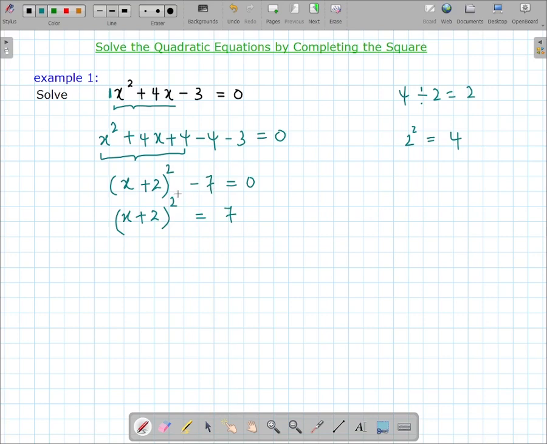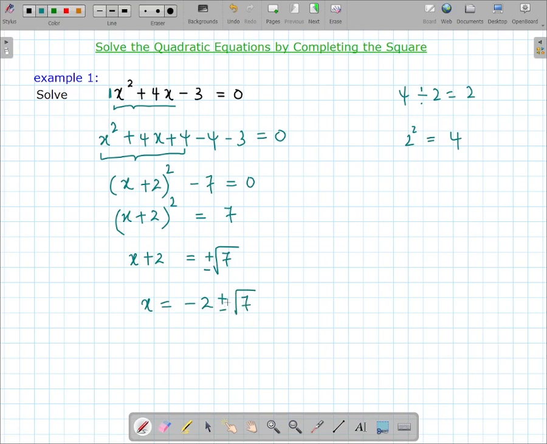Then I can send this square to the other side. When you send the square to the other side, it becomes a square root. When you put a square root, we put plus or minus. Then I'm going to send this plus 2 to the other side because I want x. x equals plus 2 sent to the other side, minus 2, plus or minus root 7.